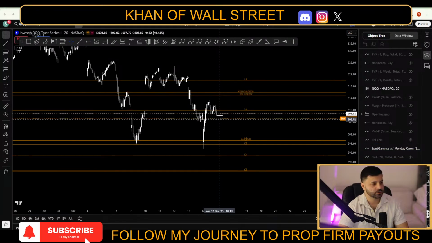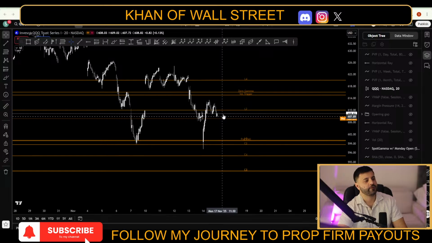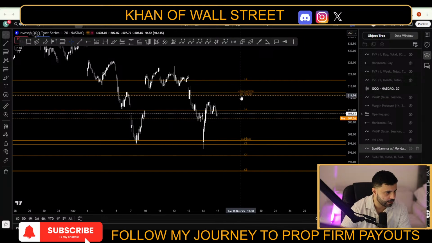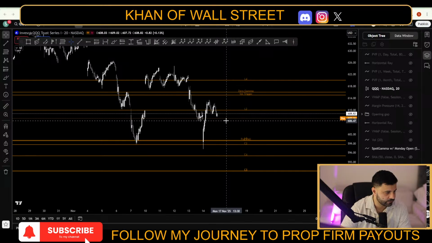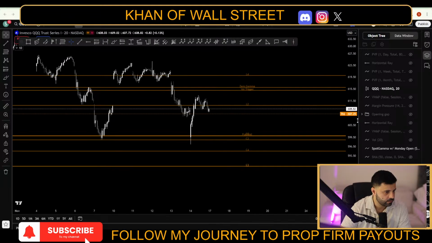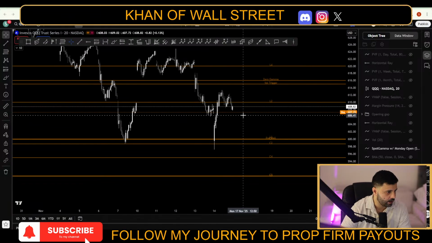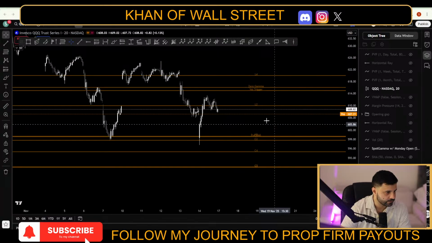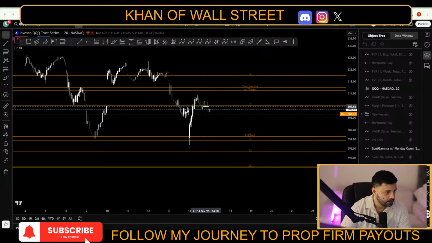Very flat open, so we don't know which direction this is going to take. I'm not a big fan of flat opens. I like to see a gap and go, or a half gap support. That's what I like looking at. Flat opens, anybody's guess which way this is going to go. Well, I think your best pivots are down here, 600 QQQ.